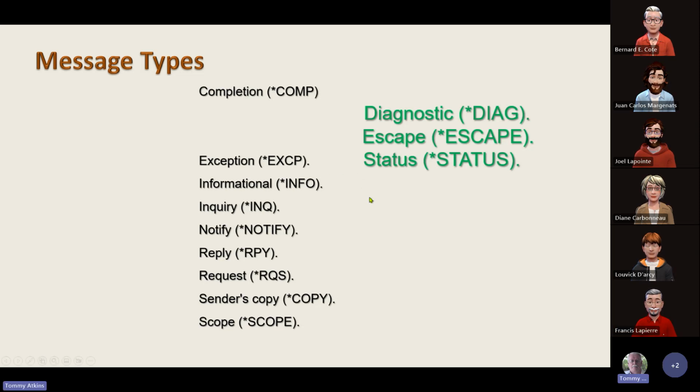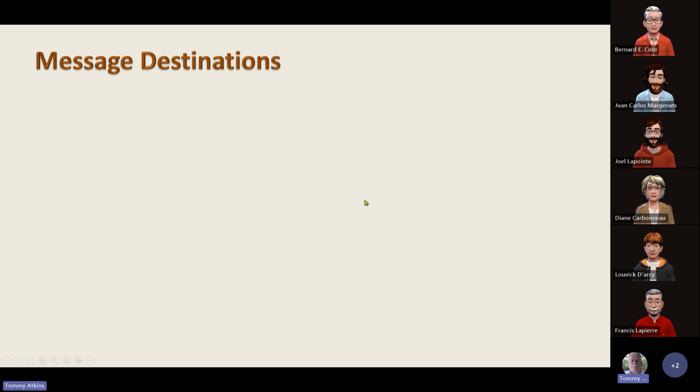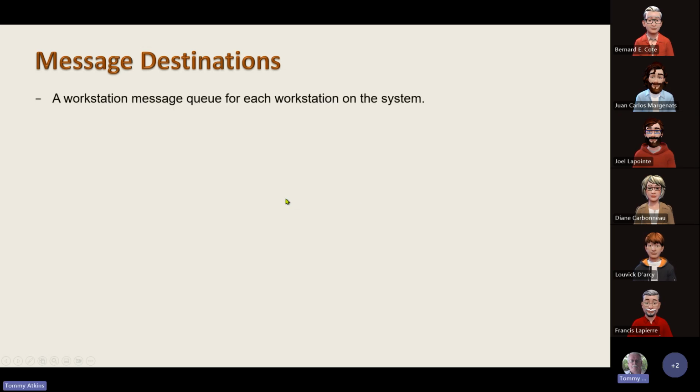Good. Now we know what they are. Now where can we send them? And this is interesting. We can send to a workstation message queue for each workstation in the system. So we have a workstation message queue for each workstation on the system.